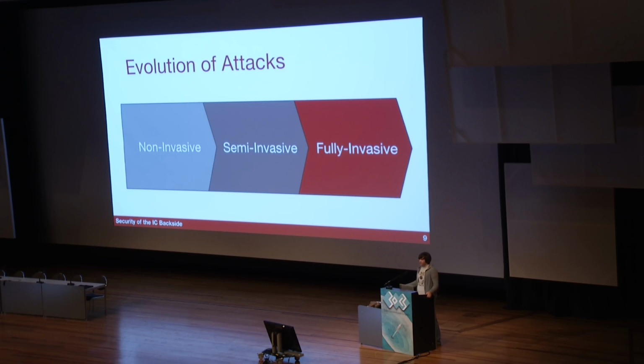Fully invasive is what I explained before, which is the stuff I always wanted to do: there's a circuit manufactured on this chip, and I'm going to go in and change the circuit so that I can get at the data. Non-invasive techniques are stuff like side channel analysis and different types of glitching and fuzzing, et cetera.